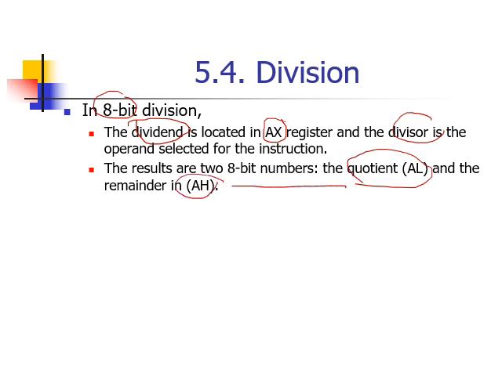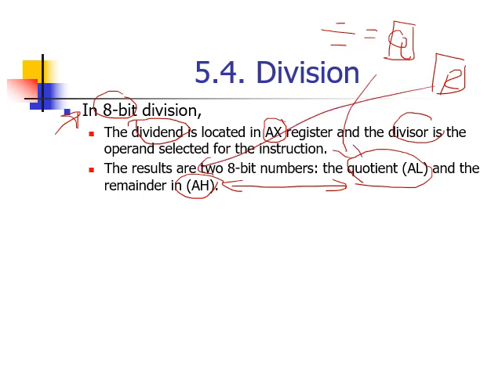When you divide a number by a number, you would have a quotient and a remainder. Quotient is placed in AL, remainder is placed in AH. We'll see this by an example.